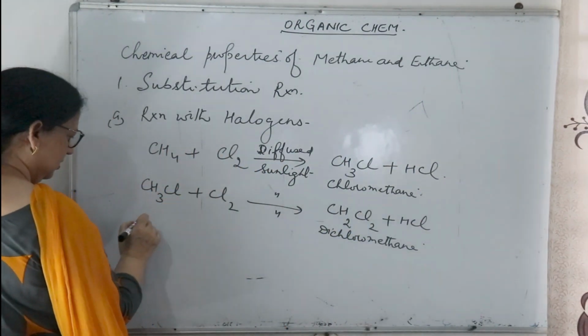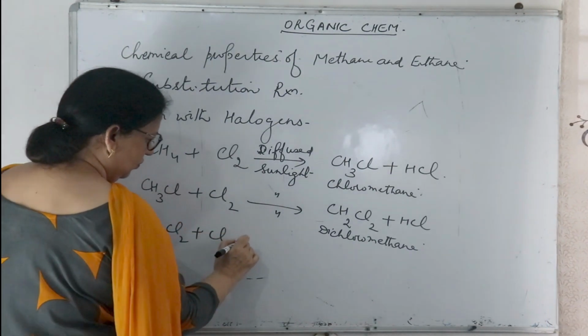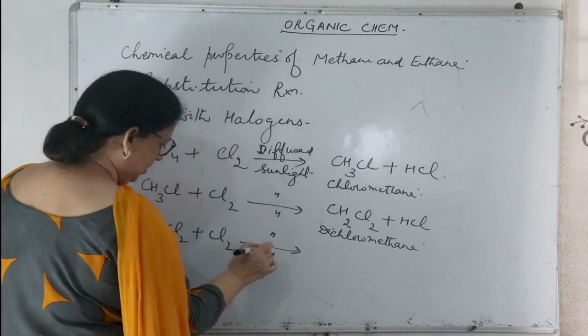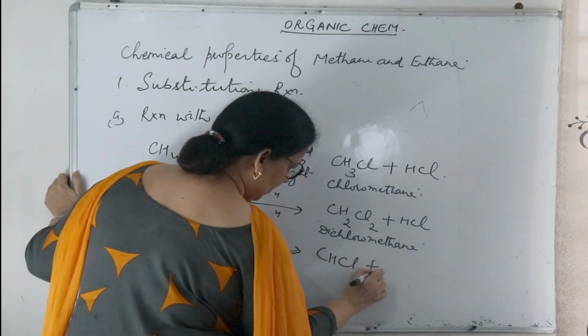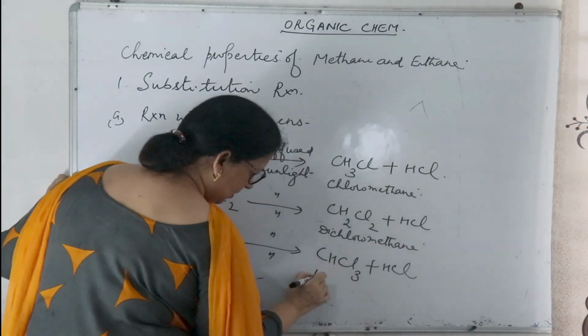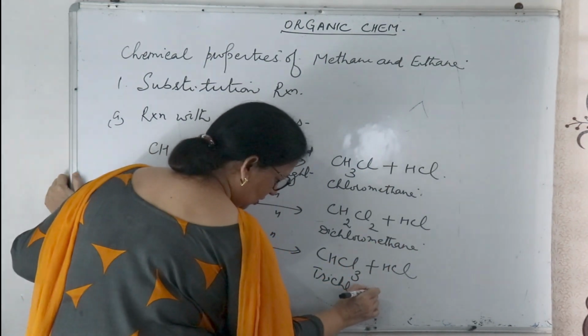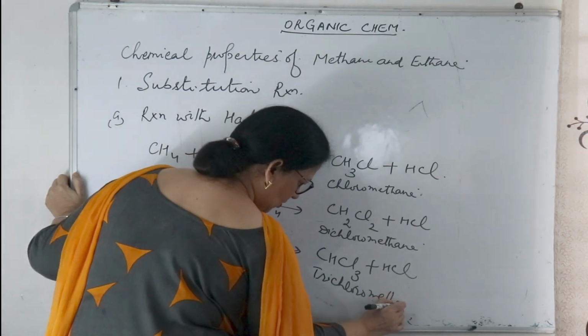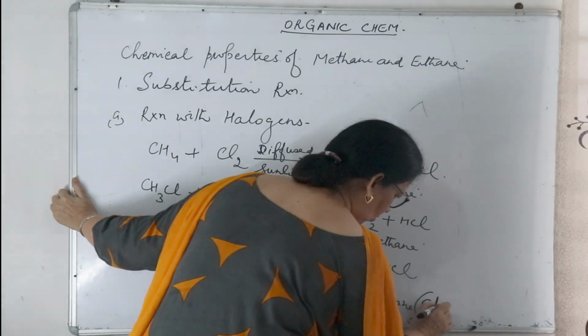Then again take CH2Cl2 plus Cl2 in the presence of diffuse sunlight. This is CHCl3 plus HCl. This is trichloromethane, or this is also commonly called chloroform.